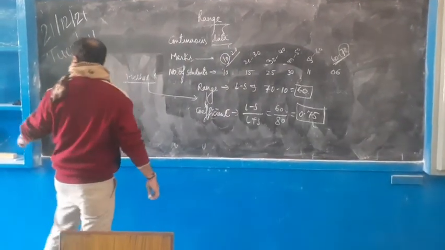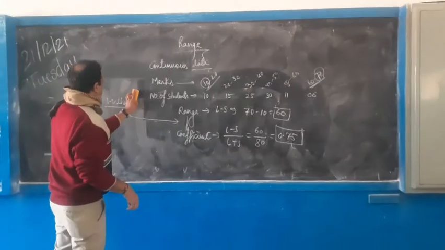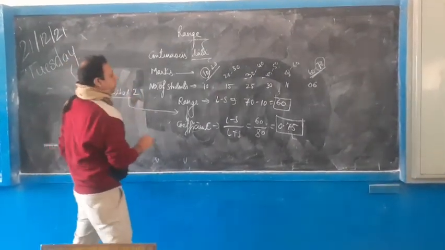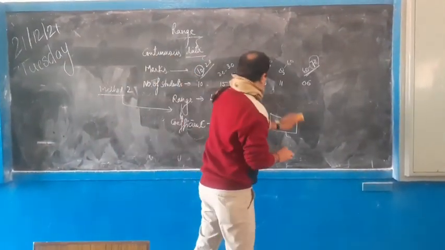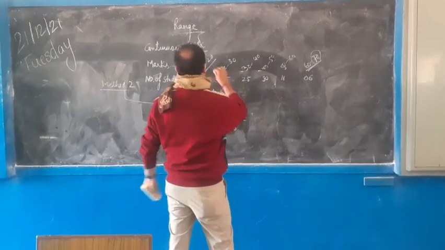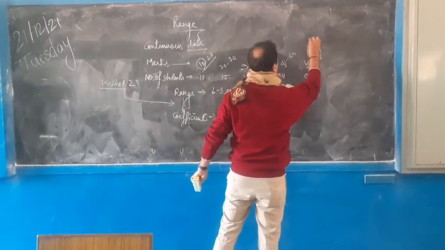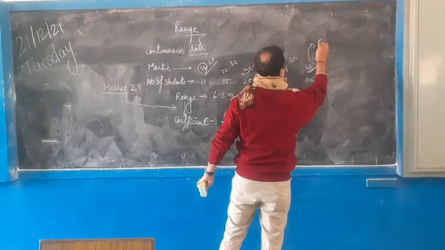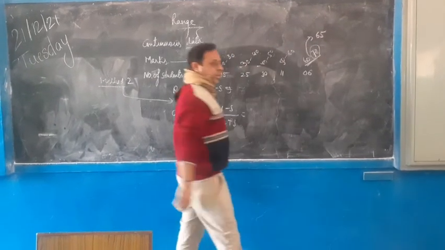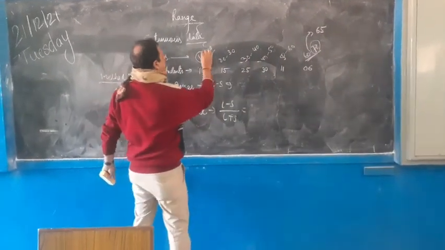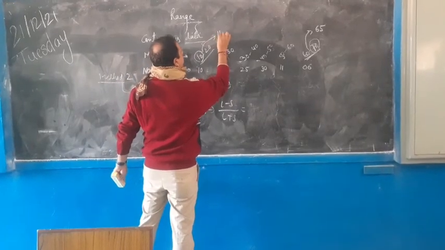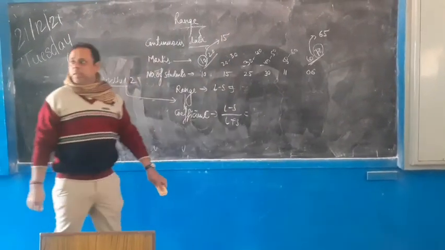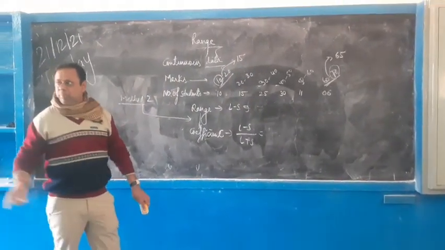So in method 2, we will be taking the mid value of the upper class interval, it will be 65, and the mid value of the lower class interval, it will be 15. We can do it by both the methods.